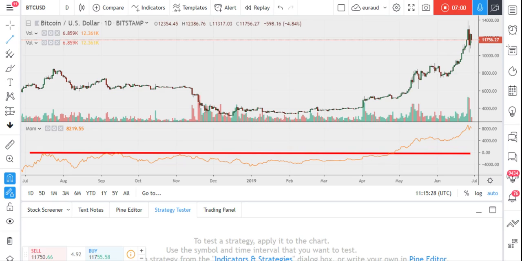Okay, so another point, the MACD indicator, for the first time since 2017 is positive, so the histogram is above the zero, with the short moving average crossing above the long moving average. First time the MACD is positive on a monthly basis since 2017.